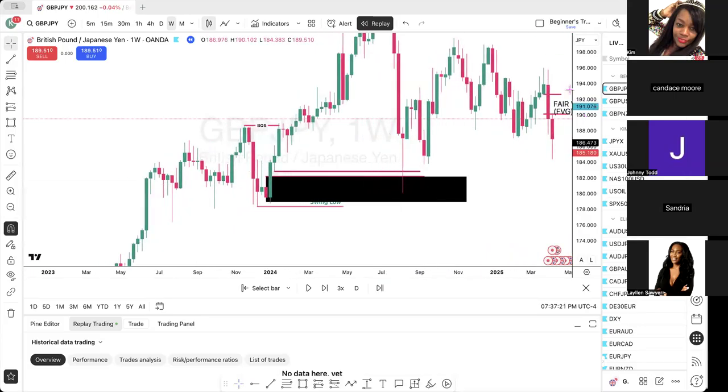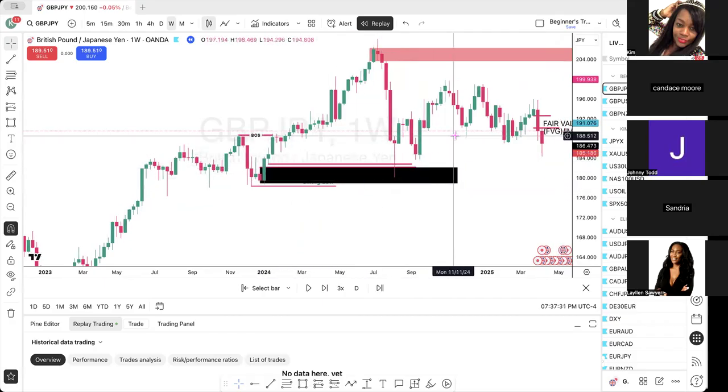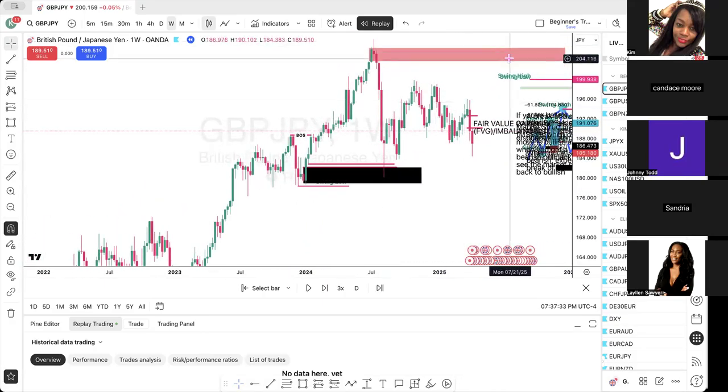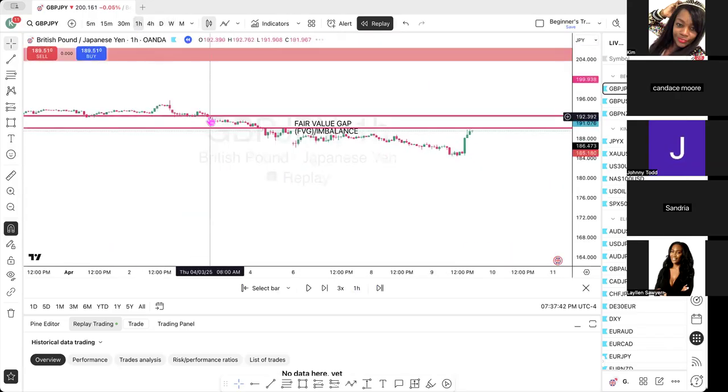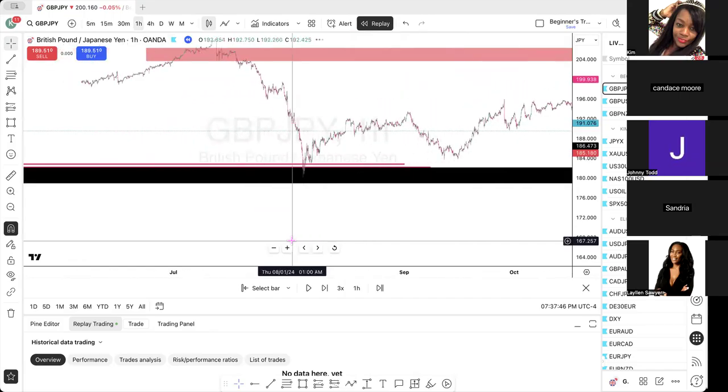And once I see price, well, you can do one or two things. You can wait for price to get back to the zone, or set a limit and take it back up to the highs. If I were to have waited for price to get back to that zone, this is what I would have seen.